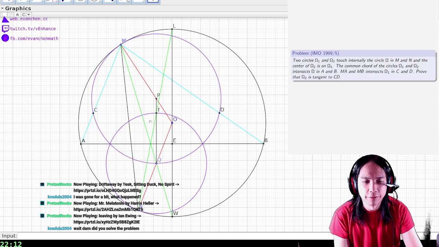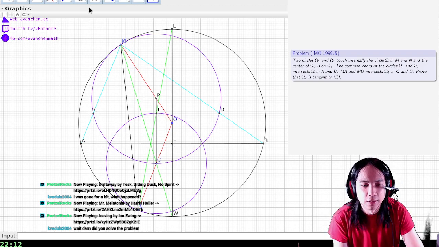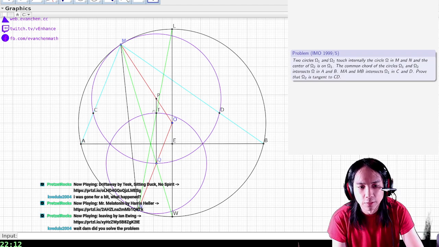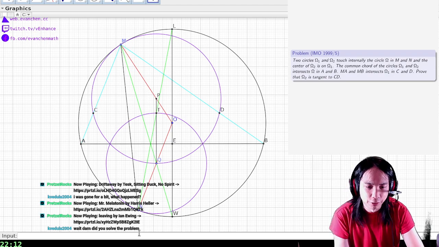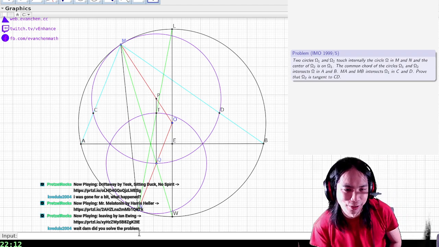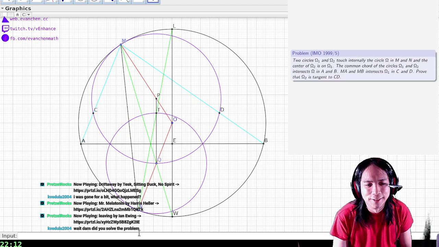That is enough to get you that MTE are collinear, because now QTE is equal to TL, MEL is there, and MTQN is cyclic by a separate angle chasing argument, which also involves some isosceles thingy.